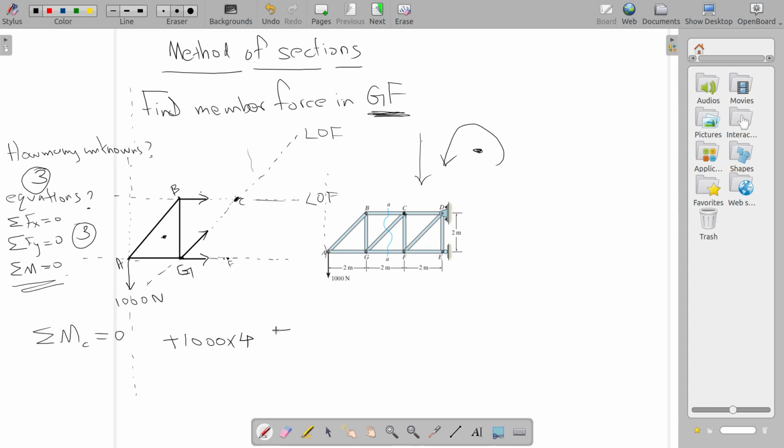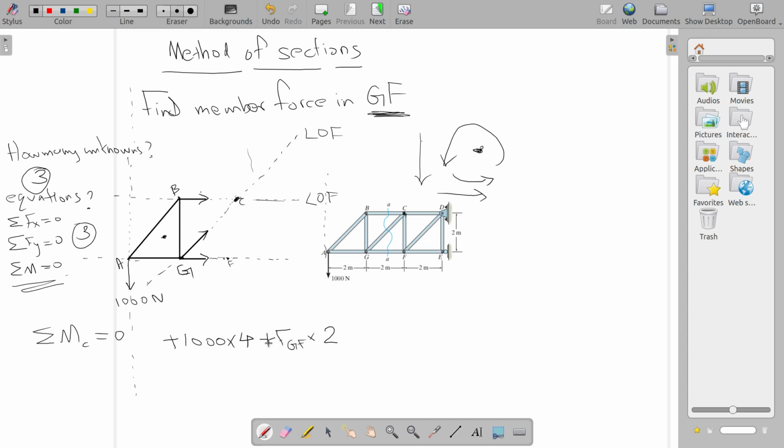So FGF multiplied by, what is the distance? This is the line of action of GF and this is C. What is the distance between the line of action of GF and C? That distance is 2 meter, right? Now this is the direction, and about that point C, you can see that this is the line of action. So it's tending to rotate the structure about the point about which you are taking moment, again in anti-clockwise direction.